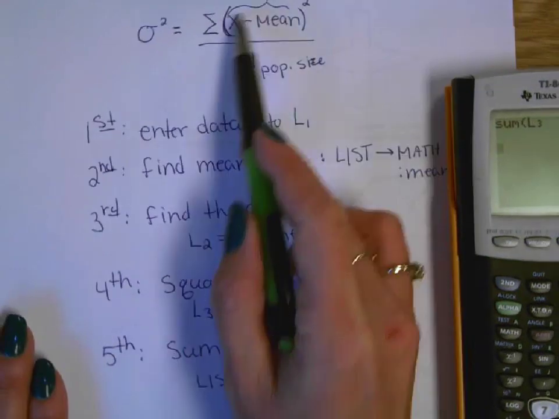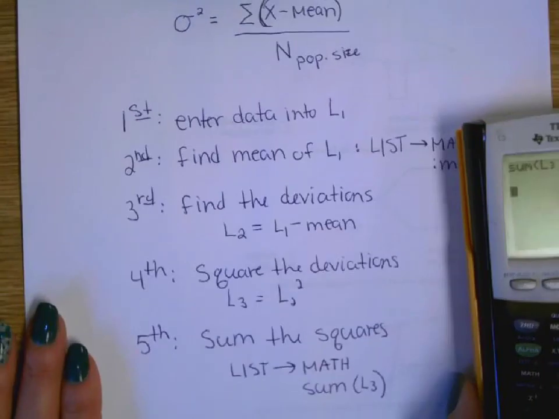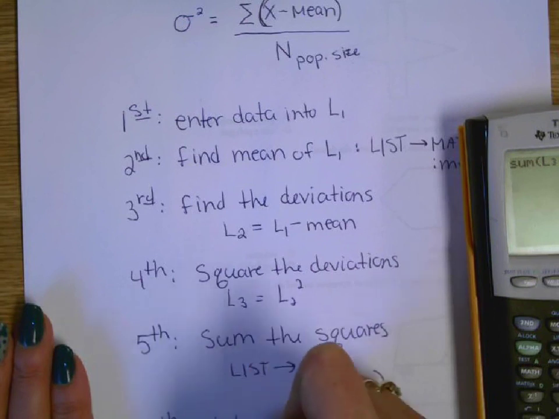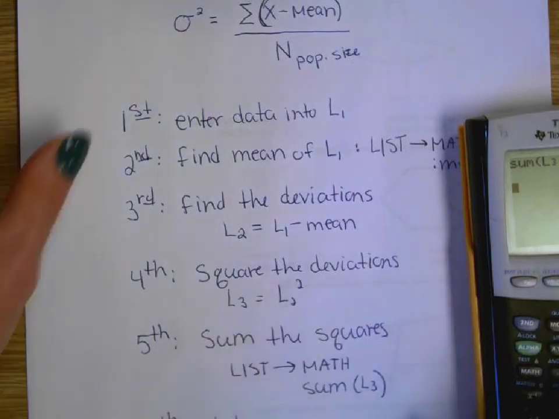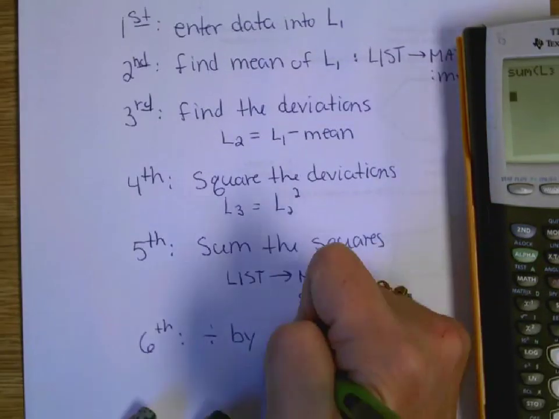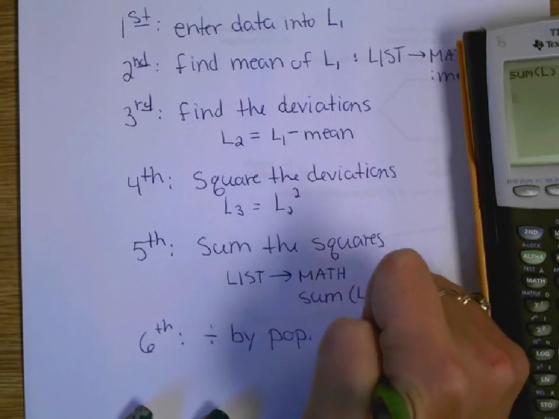Okay, and then our last step, according to the formula, is divide by my population size. So step 6 is to divide by, not on the screen, divide by population size.